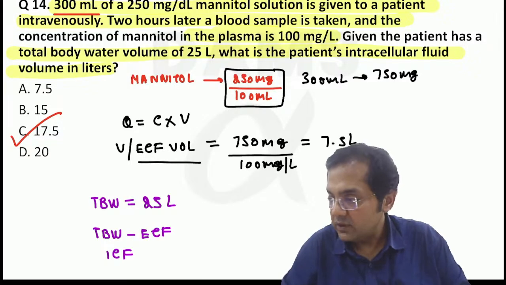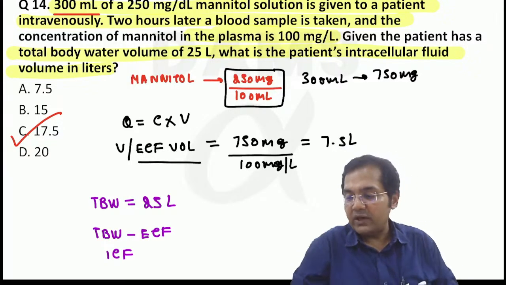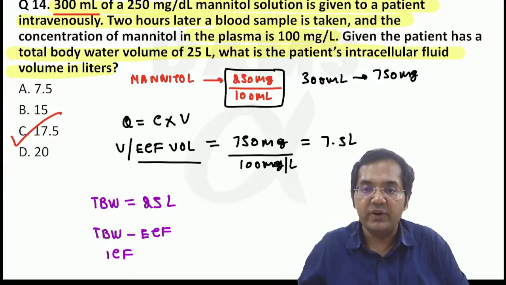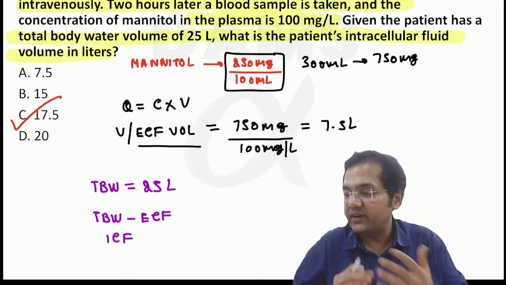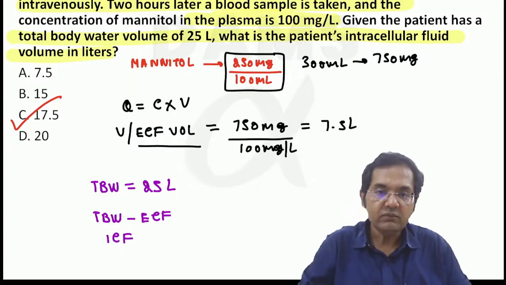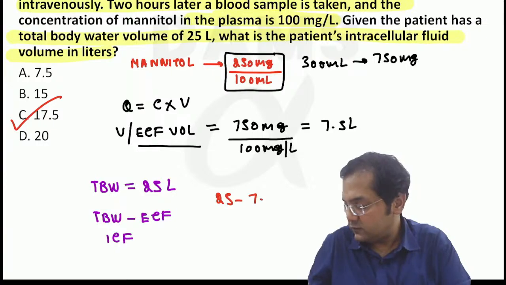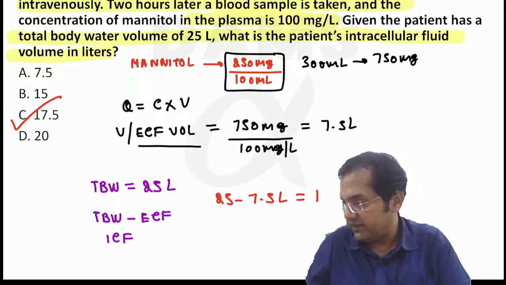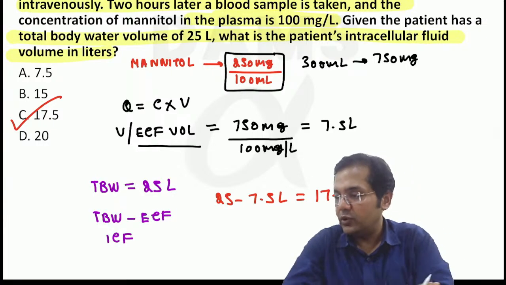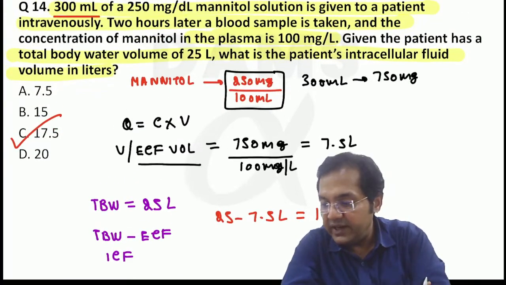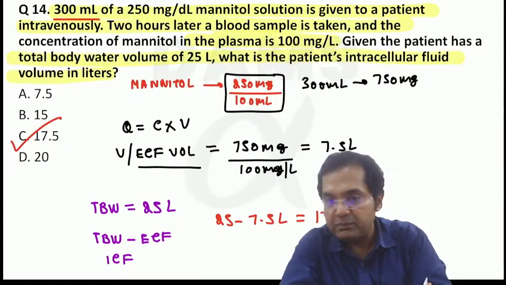Yes, that's right. If you calculate it otherwise, it will come approximately, not 17.5. That is the reason we have to do it in the traditional proper way. 25 minus 7.5. That's right. Perfect answer. Everyone understood now? Good. Over here, let's revise which are the indicators used for measuring various compartments.